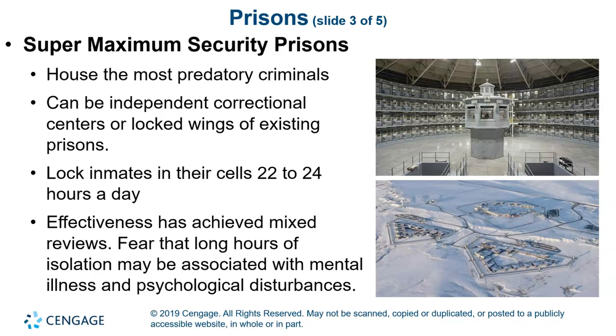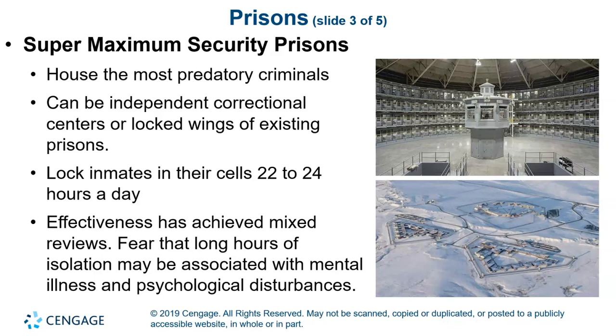So basically, the word for maximum security prison is security. Correctional workers are made aware that each inmate may be a dangerous or violent criminal, that as a result, the utmost security must be maintained. And these prisons are designed to eliminate, again, those hidden corners where people can congregate. So those are maximum security.